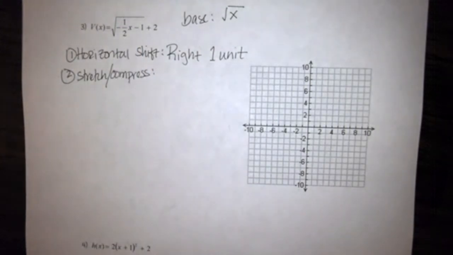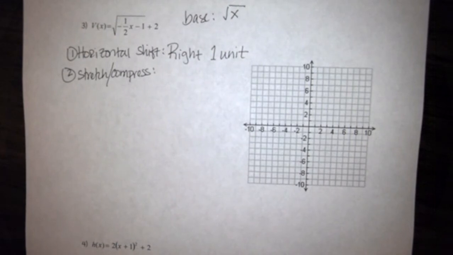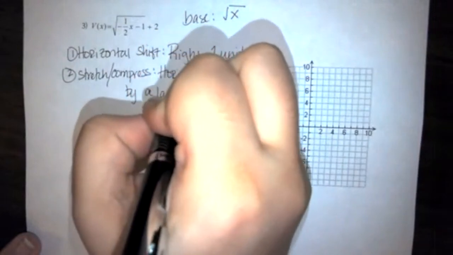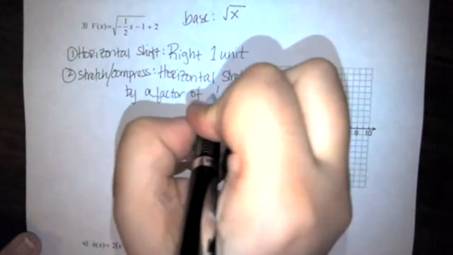So when we are talking about an internal fraction, we are talking about a horizontal stretch. So here we've got a horizontal stretch. And in this case, it's by a factor of 1/2.